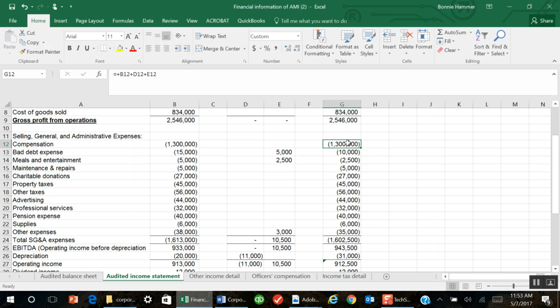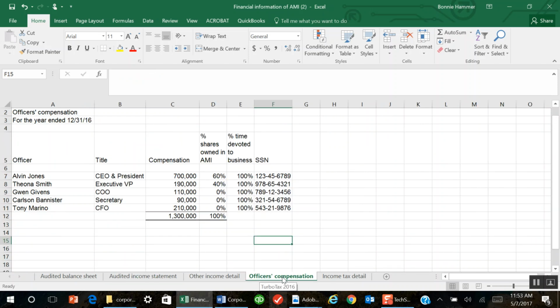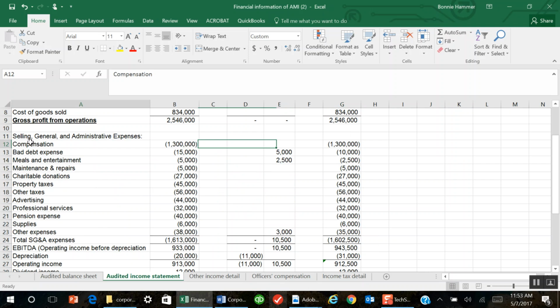Now, one, not mistake, but I'll call it a flaw in my information that I gave you, is that I gave you guys officer's comp, which you would typically request from the client, because typically what's on your income statement is just this line item called compensation or salaries.